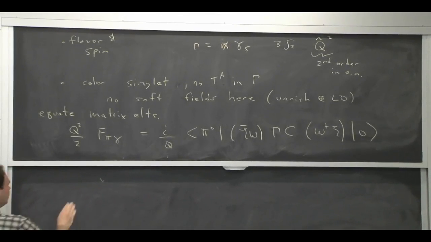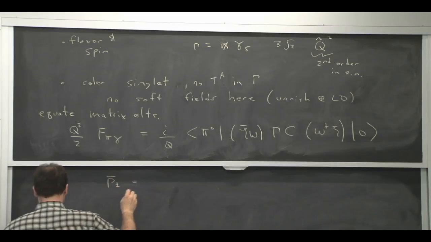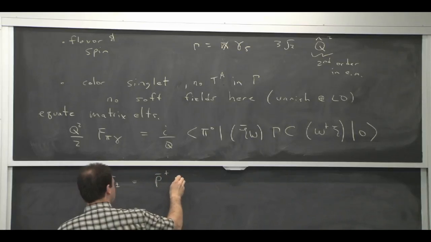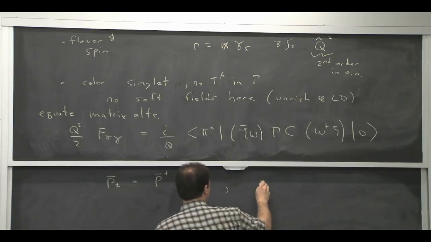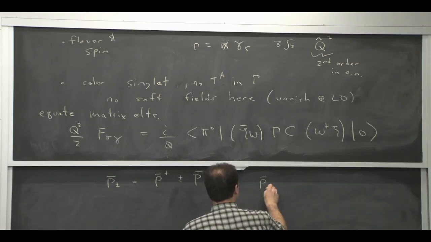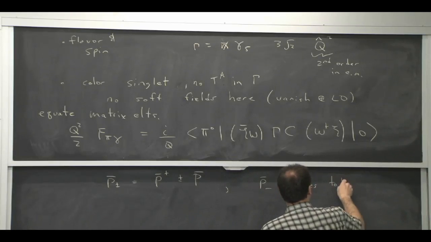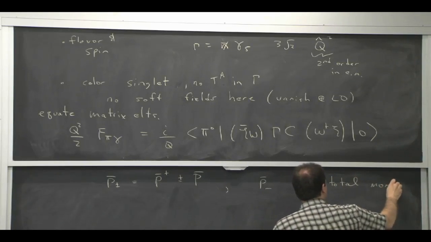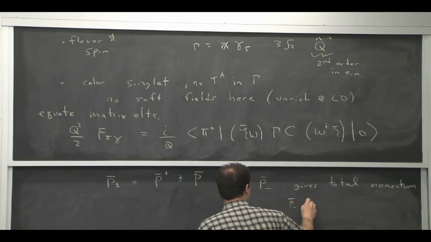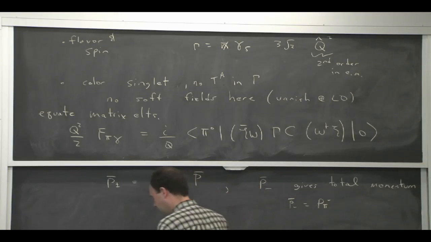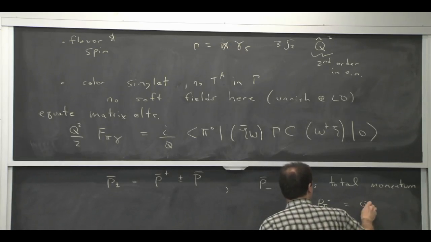Again, like our DIS example, we form the sum and difference of the momenta, forming p bar plus, which is p dagger plus or minus p. And one of these guys just gives the total momentum, just the minus with our sign conventions. So that gets fixed, which in this case, it just gets fixed to the pion momentum, which is q.